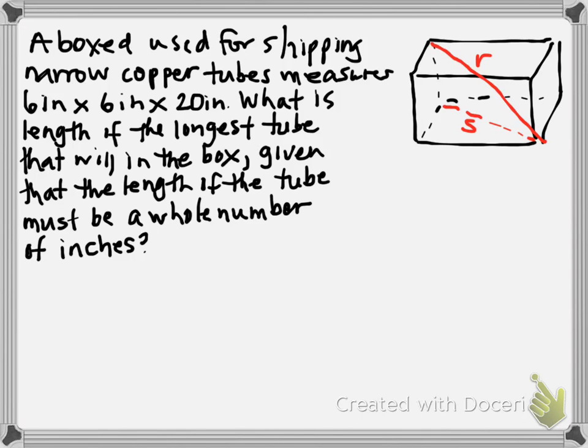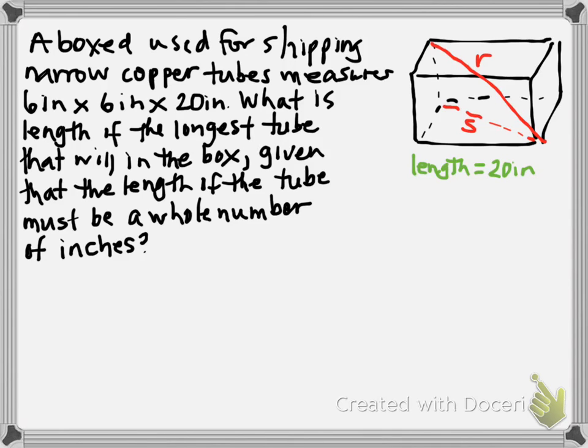Okay. And these guys, we've got length. And of those three numbers, 6, 6, 20, which one do you think the length is? The dimensions of a box don't deal with inside the box. They deal with outside the box. So which one? Nope. It would be 20. Okay.